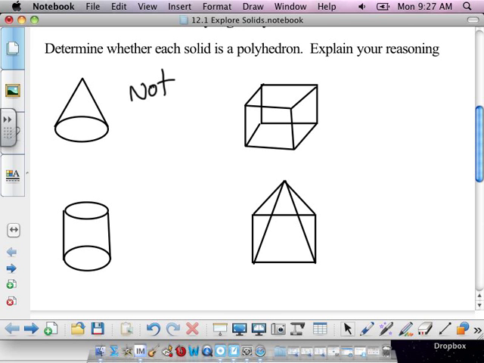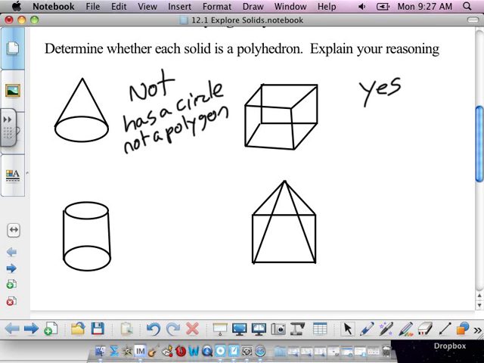What about B? Who thinks it's a polyhedron? Yes, it is. It's a cube or a rectangular prism, depending, because it doesn't show us that all the sides are equal. Okay, who thinks C is a polyhedron?